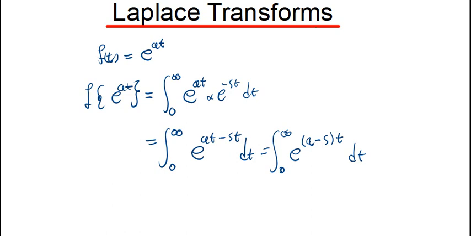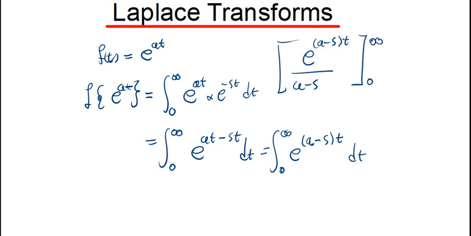So now one thing I observe is that if I integrate this, I'm going to end up with something like e to the power a minus s t divided by a minus s. But remember, you are evaluating from 0 to infinity. If you put infinity here, everything's just going to be infinity.